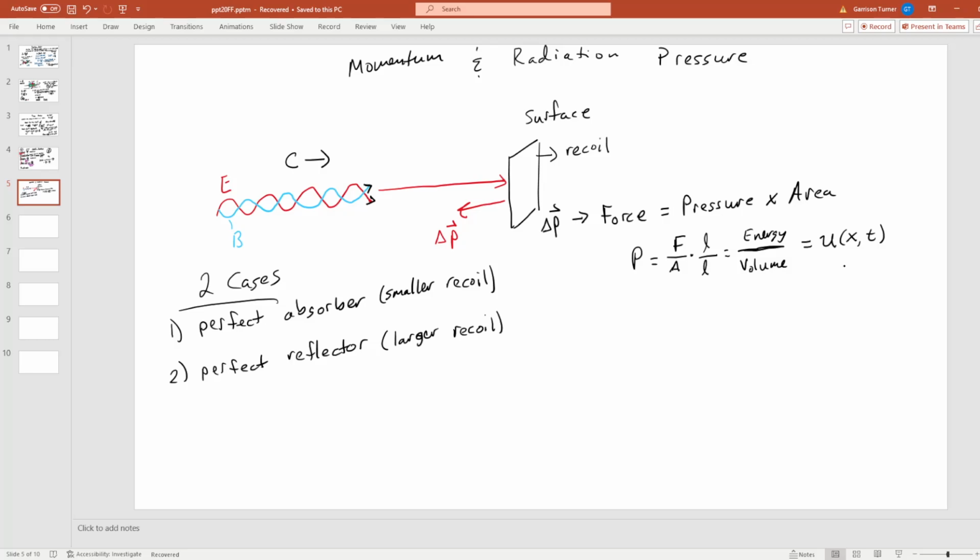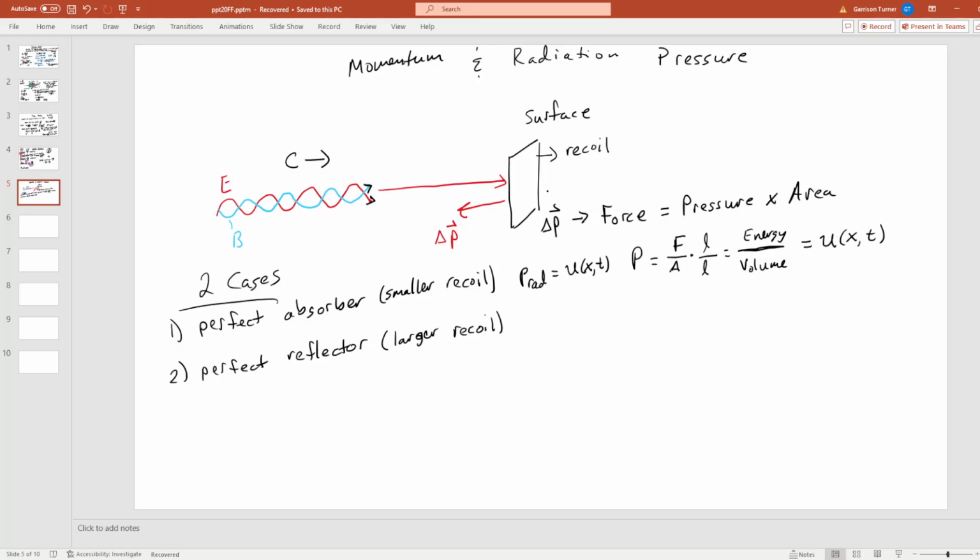So what this means is that for a perfect absorber, the pressure from radiation is equal to the energy density of the electromagnetic wave.